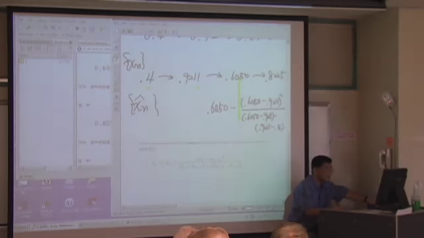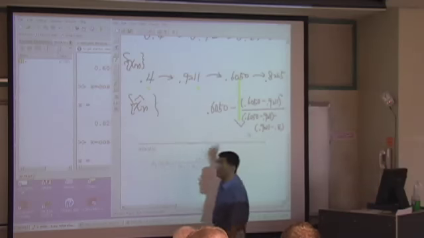So I could determine this number here, right? And I will use MATLAB to really calculate this number.